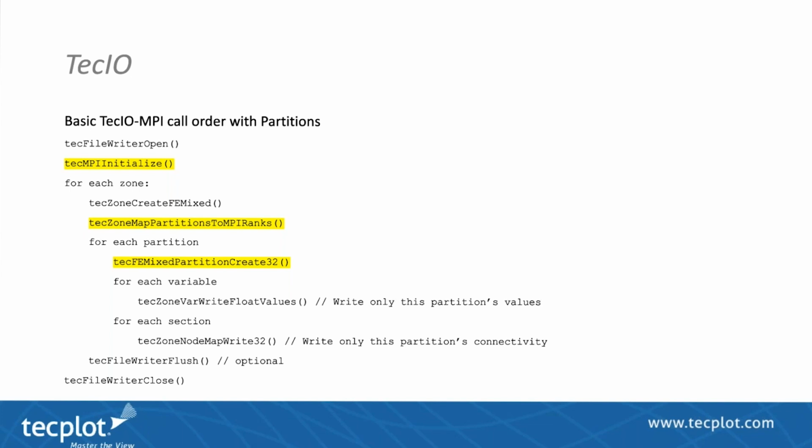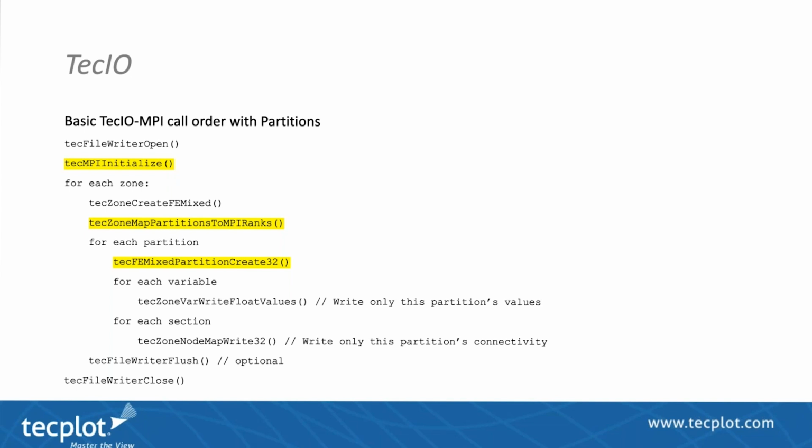Every API except TecFileWriter close, actually all of them, has parameters that you have to pass. But if I put them in here, the slide would get way too cluttered. But once you've called TecMPI initialize, then you proceed as before.